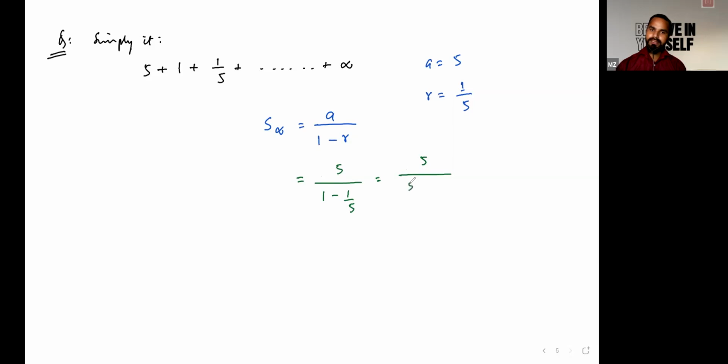So you can write it as 5 divided by (5 minus 1) divided by 5. If we take 5 as LCM, it will be 5 minus 1, that would be 4. So this particular denominator will move to the numerator. So it will become 25 by 4.